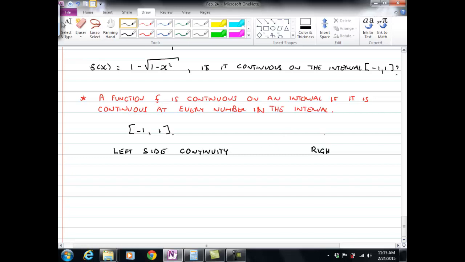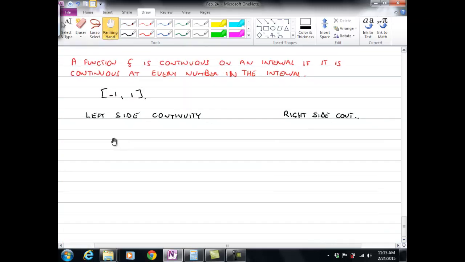Because if I can prove it's continuous from the left side and continuous from the right side, we have continuous on the interval.